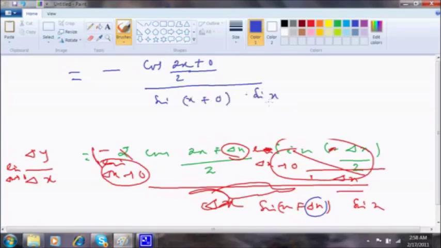If you are using a pen and paper, then you can easily make out what I'm doing, but if you are just listening or looking, then I'm sure you'll not be able to do this. So this is minus cos 2x by 2 divided by sine of x into sine of x, 2 gone.